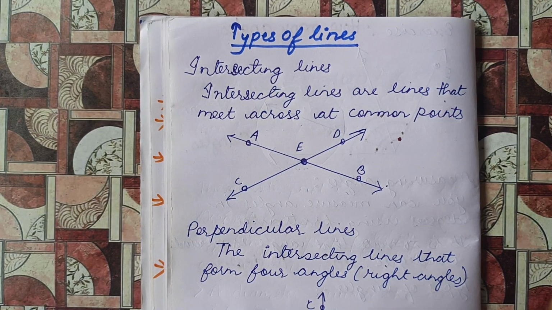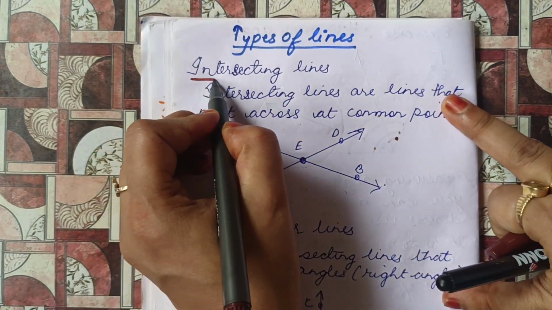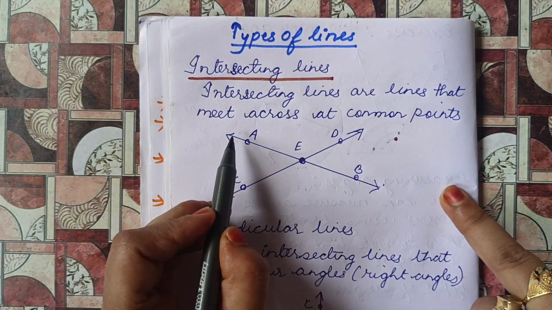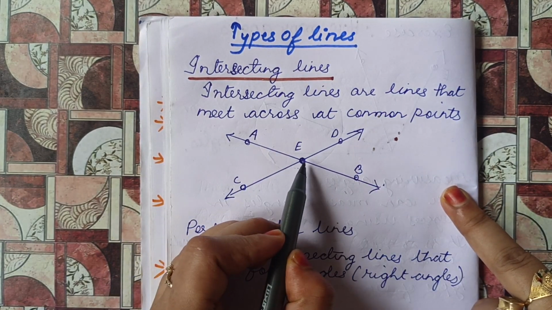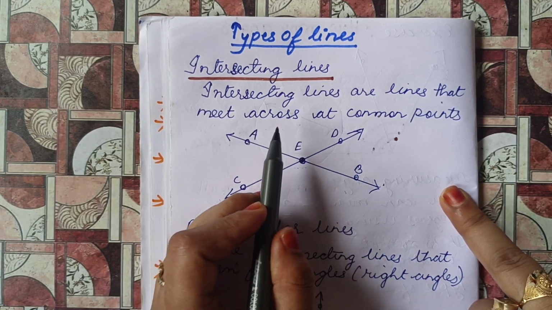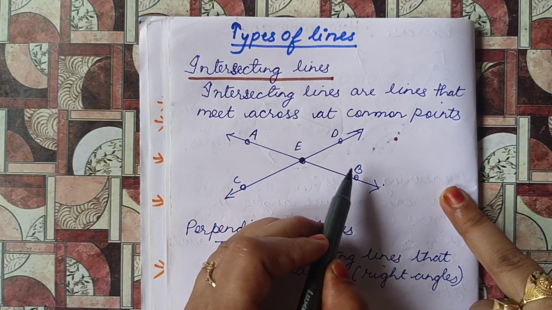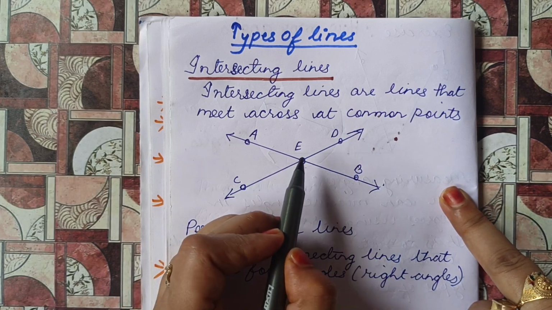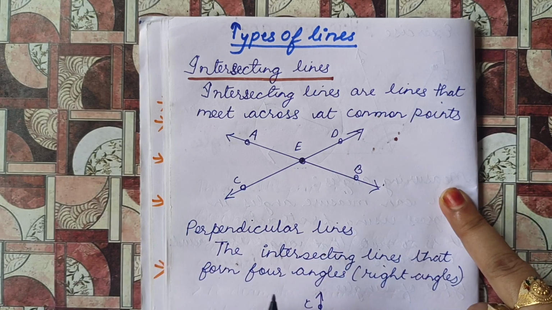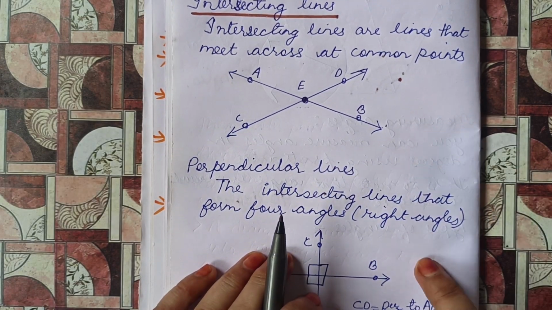Intersecting lines are lines that meet at common points. These are two lines which are meeting at a common point, so these are known as intersecting lines. Here we see that line AB and line DC are meeting at a common point known as point E. So they are known as intersecting lines.